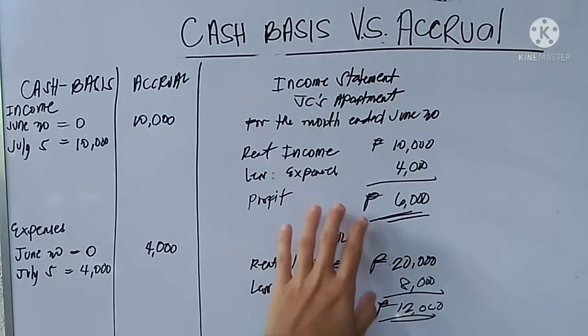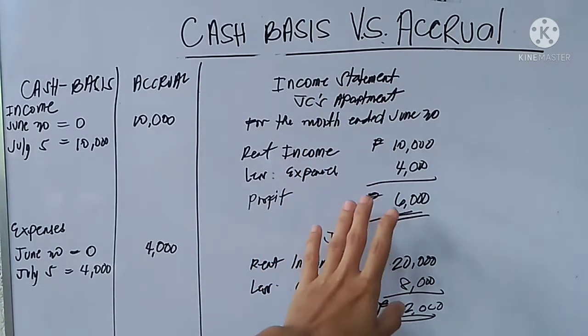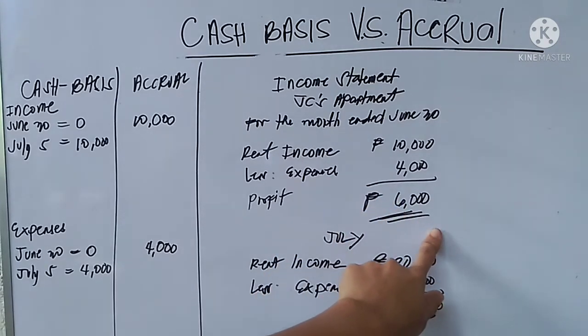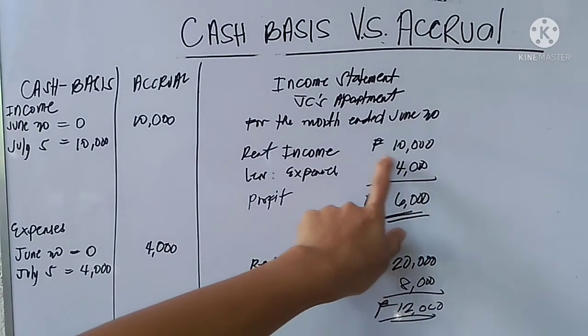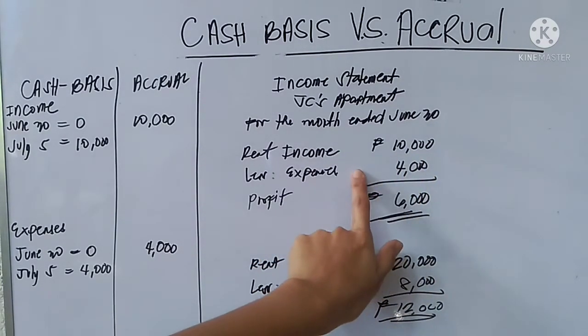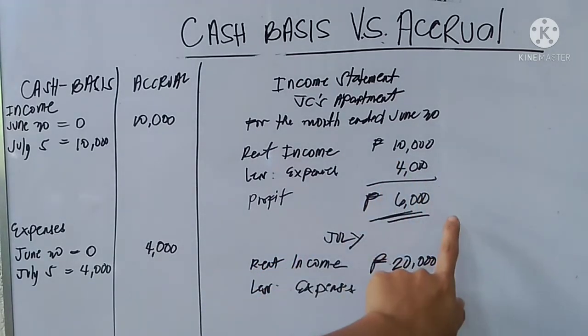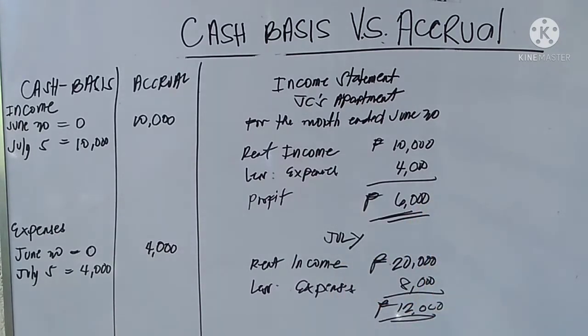So, under the accrual accounting, meron kang profit na 6,000 pesos for the month of June. Dahil nagre-recognize tayo ng 10,000 at nagre-recognize din tayo ng expenses na 4,000. So, our total profit is 6,000 for the month of June.